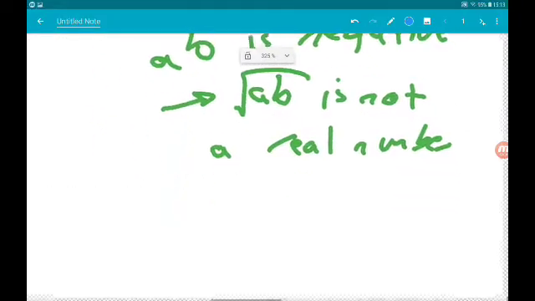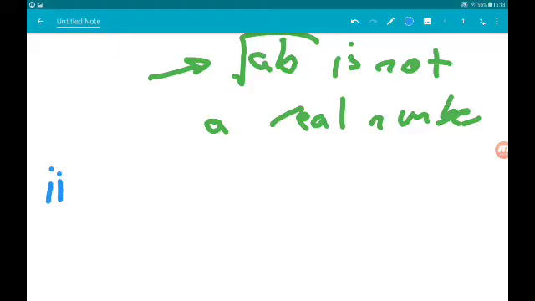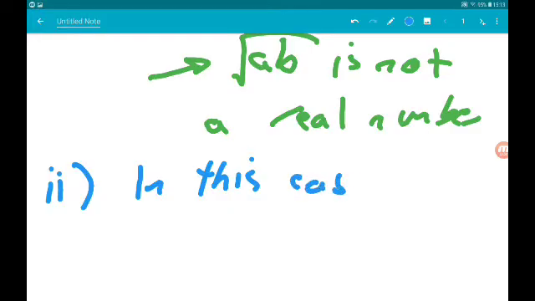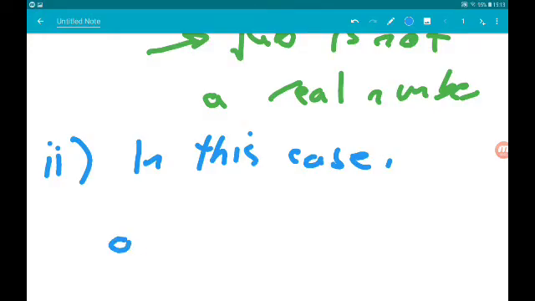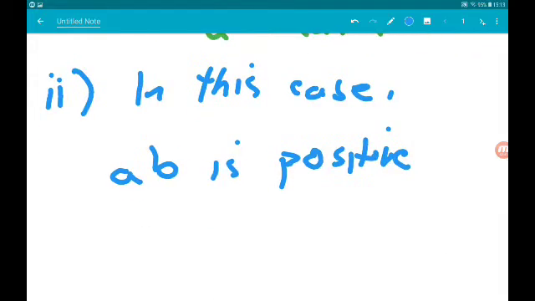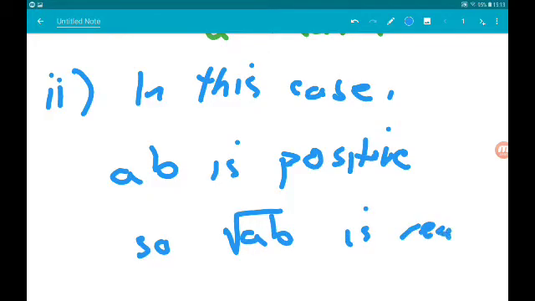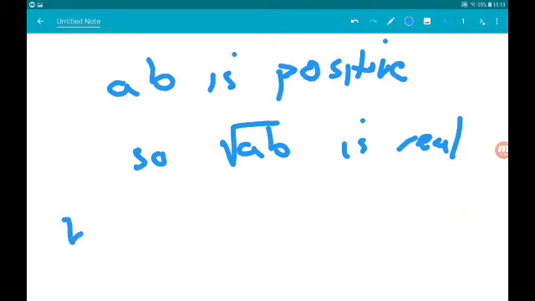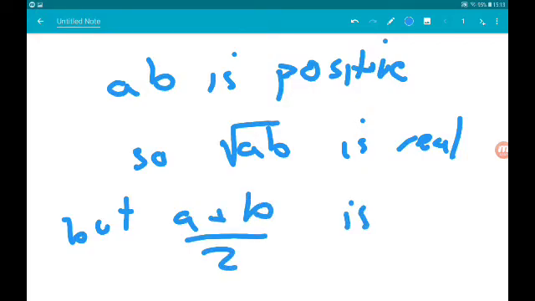Okay, so in this case, ab is positive, so root ab is real, but a plus b over 2 is negative.